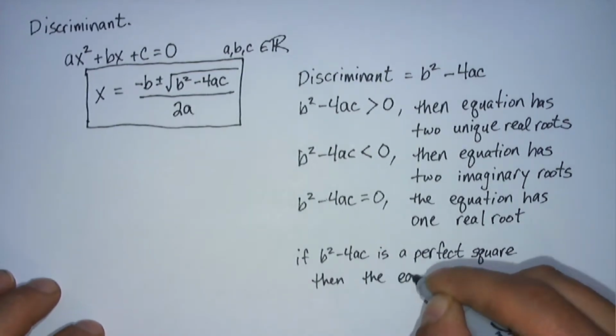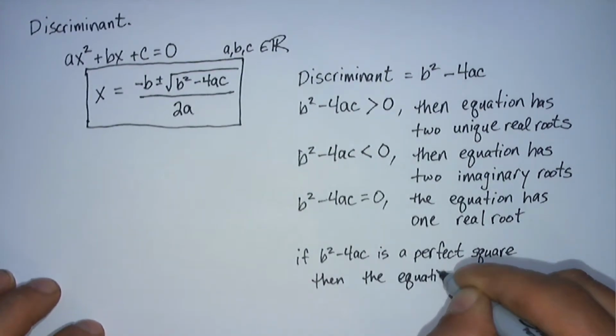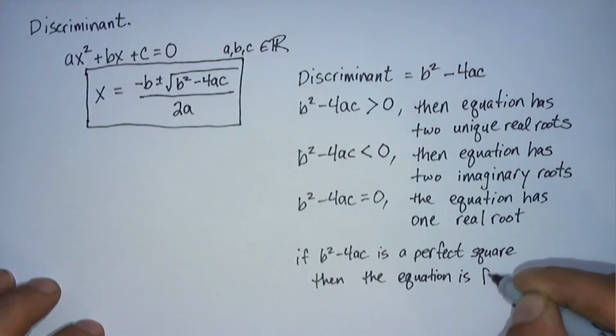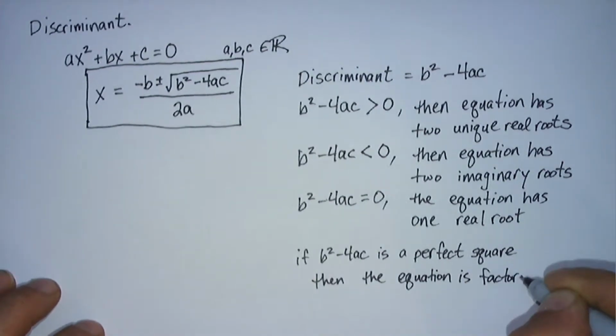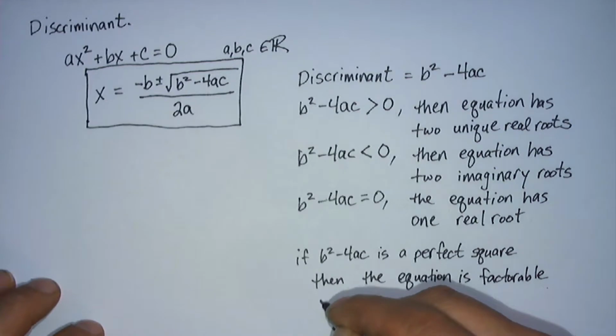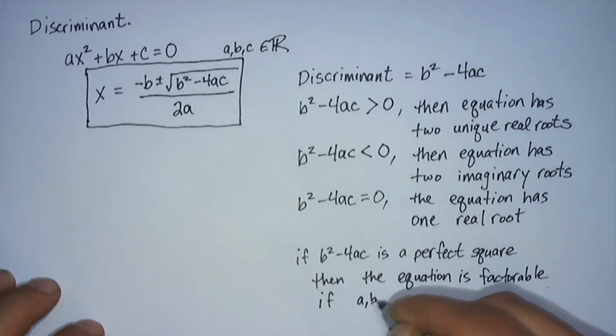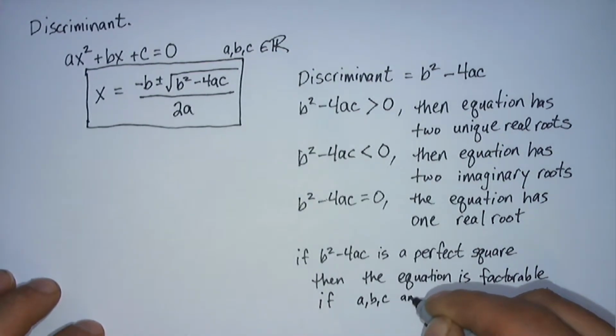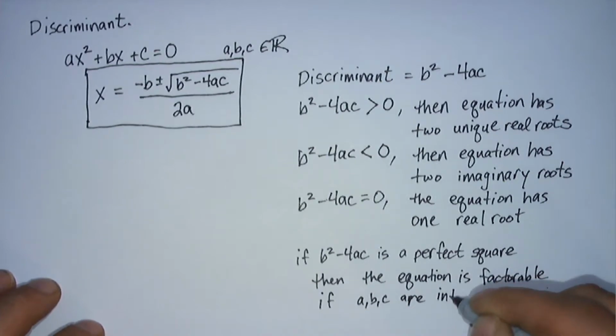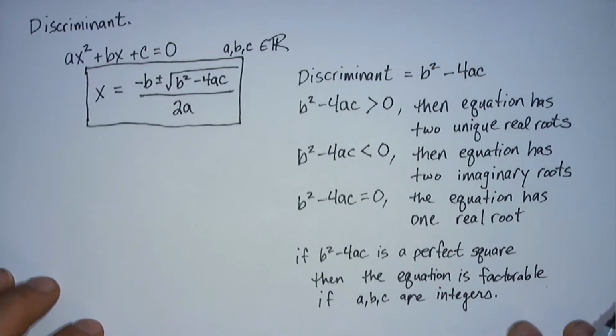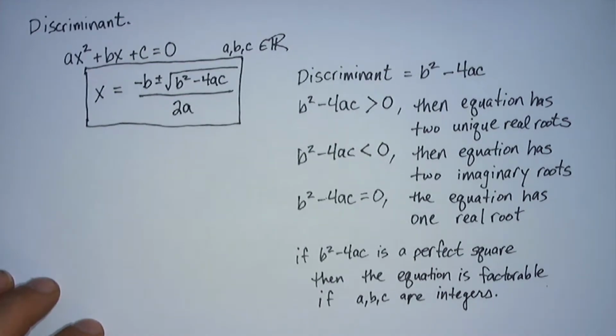You can factor the equation, if a, b, and c are integers. If a, b, and c aren't integers, then that's not the case. But if b squared minus 4ac is a perfect square, then we can factor this equation. So let's look at some examples to see what the discriminant tells us.